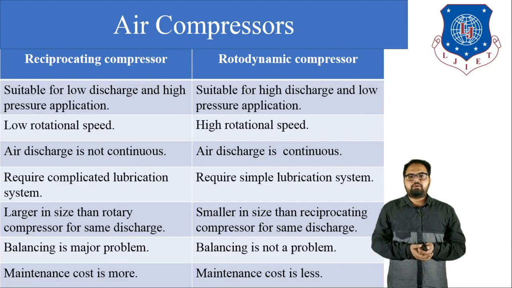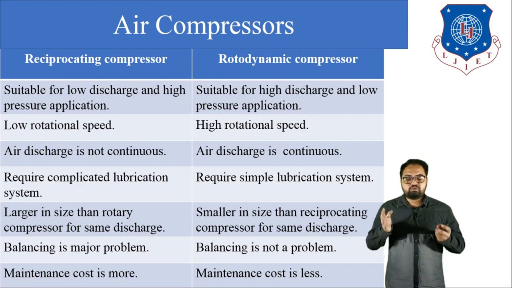So this is all about the air compressors. In this video session, we have discussed a total of 4 compressors. First is centrifugal compressor, second is axial flow compressor, third is roots blower type air compressor, and fourth one is vane type air compressor.